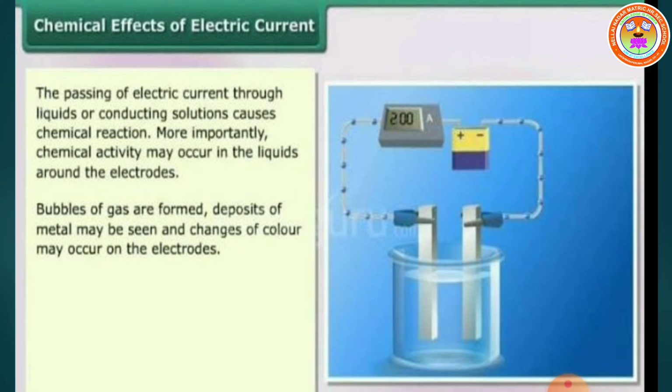More importantly, chemical activity may occur in the liquids around the electrodes. Bubbles of gases are formed, deposits of metal may be seen, and changes of color may occur on the electrodes.